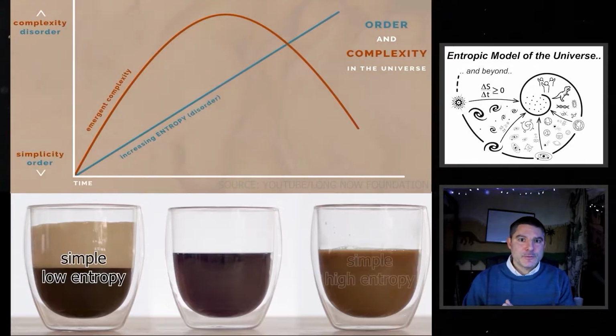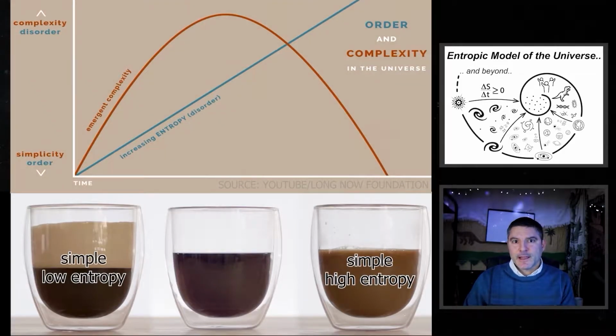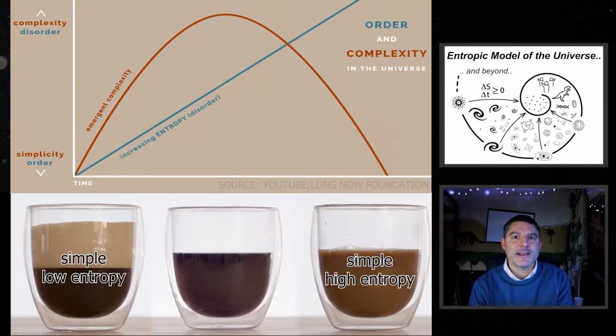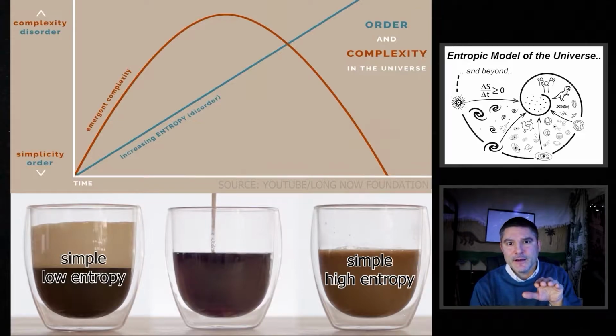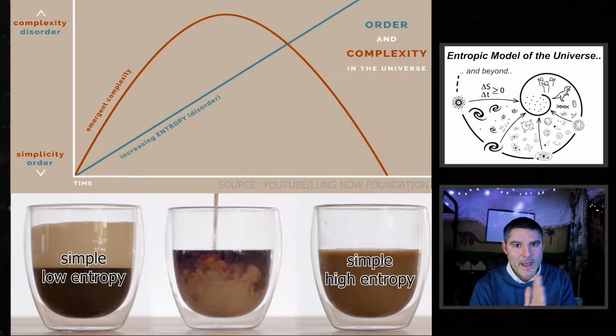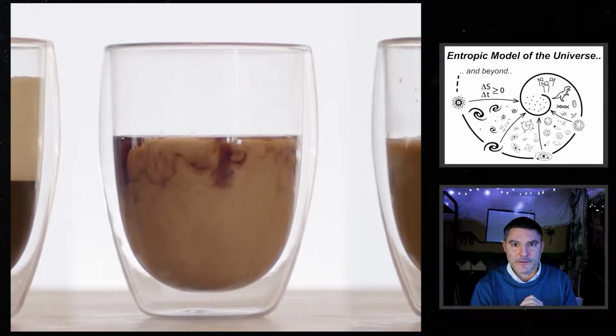That's called high entropy and most probable, because that's how things would end up most likely if they were randomly laid out. So things start out very simple and low entropy, but also end in high entropy, but also very simple. But at the peak of that curve is where things are the most complex on their way to the end. And that's where we find the galaxies, planets, and ourselves.